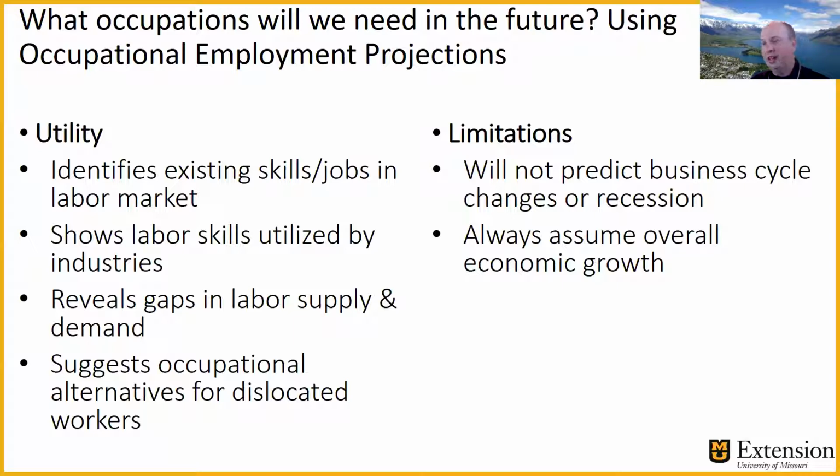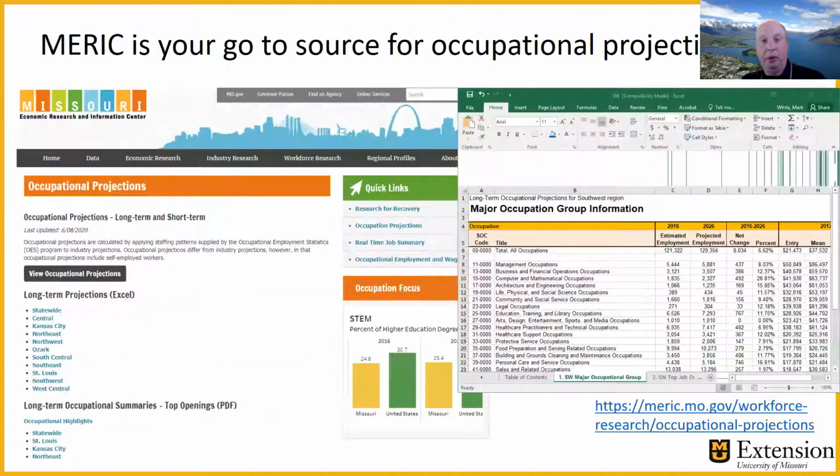If you look at the projections that are available now, our economy has changed dramatically in the last four or five months, and that is not necessarily included in some of the projections. They assume growth or decline, but it tends to be a little bit straight-line-ish, in the sense that past performance is an indication of future growth. So you take it with a grain of salt, but it gives you a good sense of where growth or opportunity is coming from.